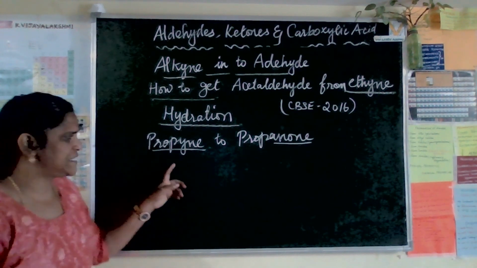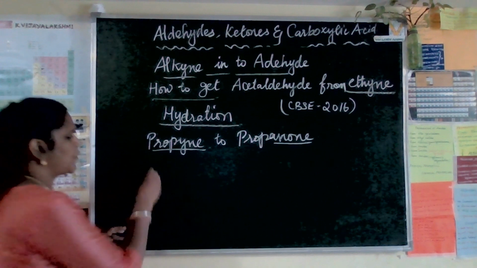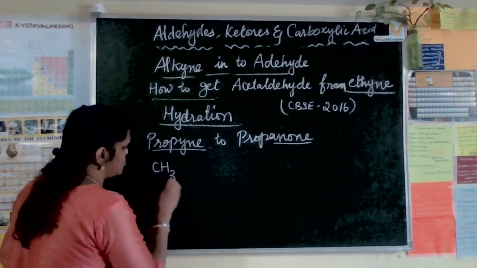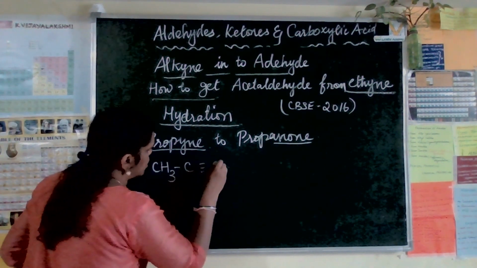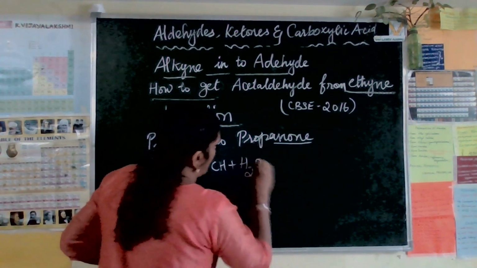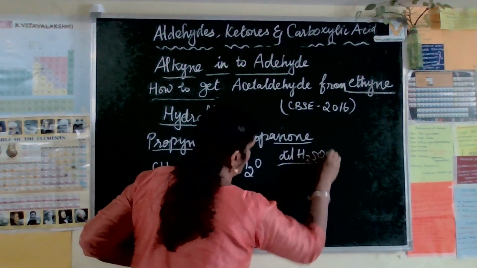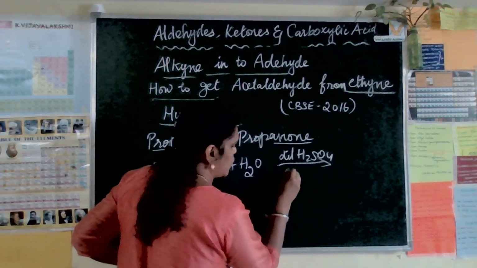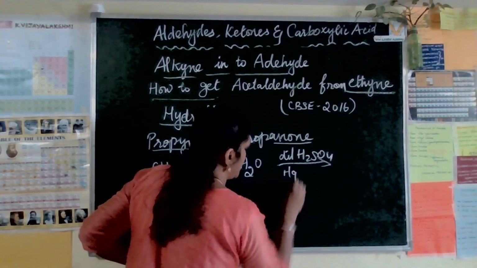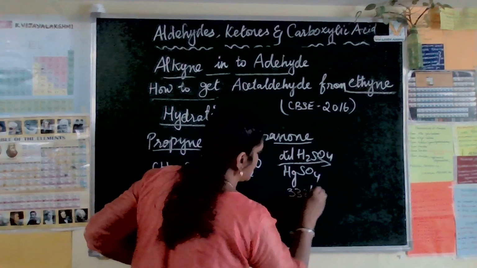The same concept here, propyne into propanone. Propyne, what is the formula? CH3 C triple bond CH combined with water in the presence of dilute H2SO4 and mercuric sulfate, HgSO4, at 338 Kelvin.